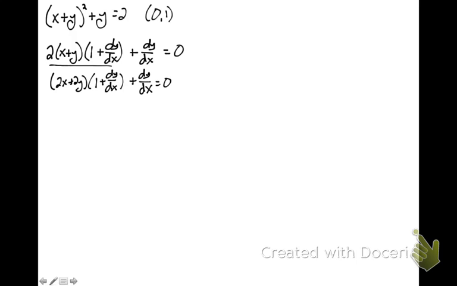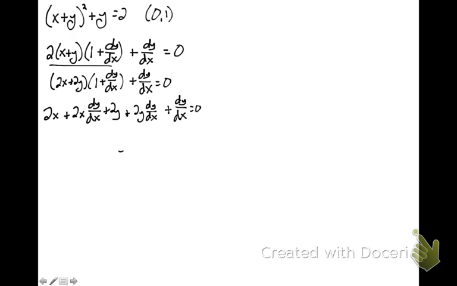And when I expand this, I get 2x plus 2x dy/dx plus 2y plus 2y dy/dx plus the dy/dx that was already there equals 0.